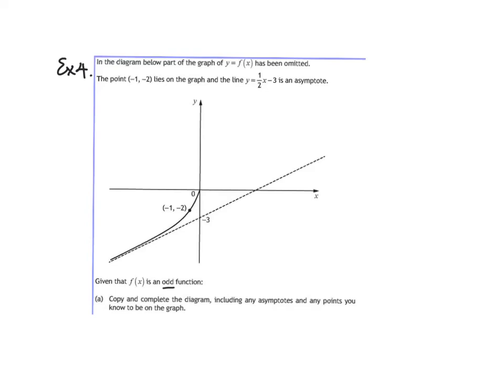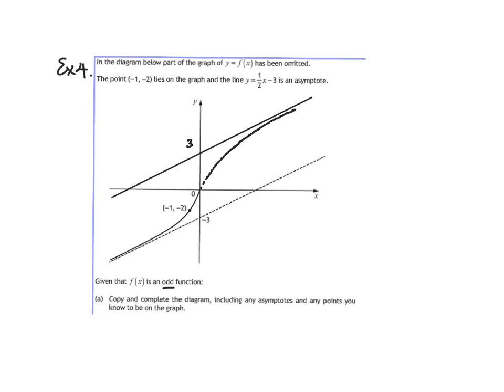So we probably want something like that, and this is going to be at 3. And then what we're going to do is to have a curve that looks a bit like that.